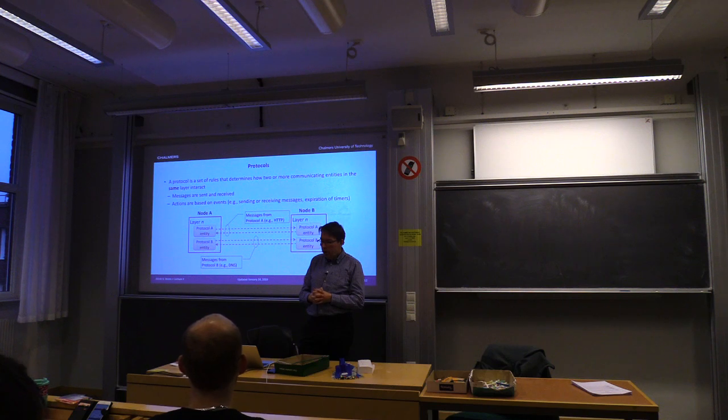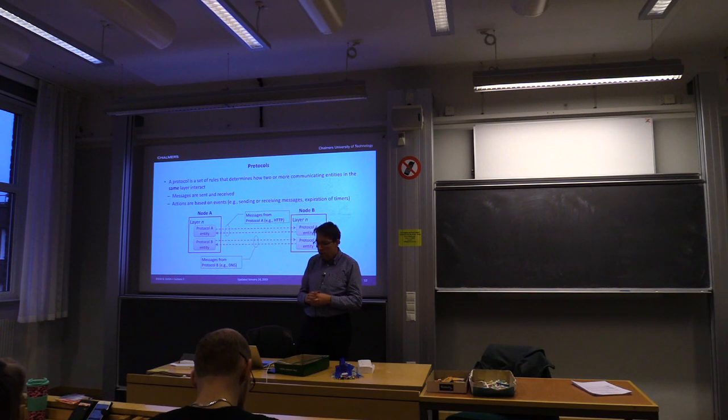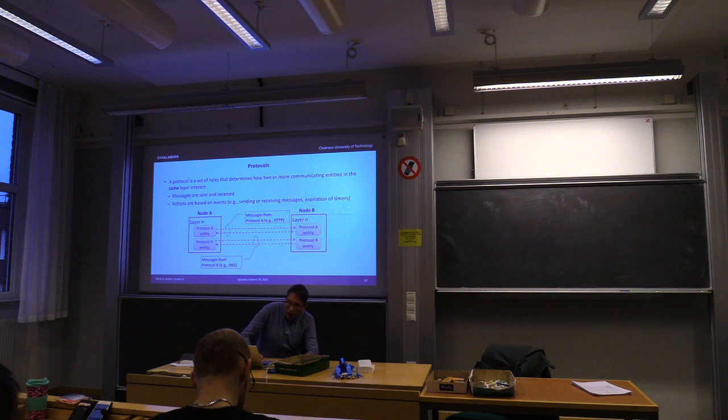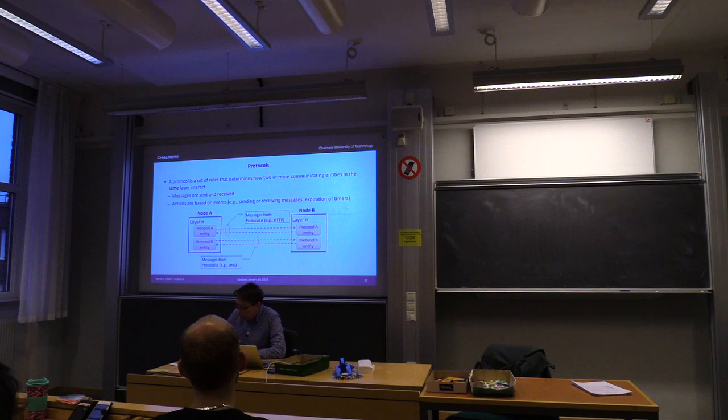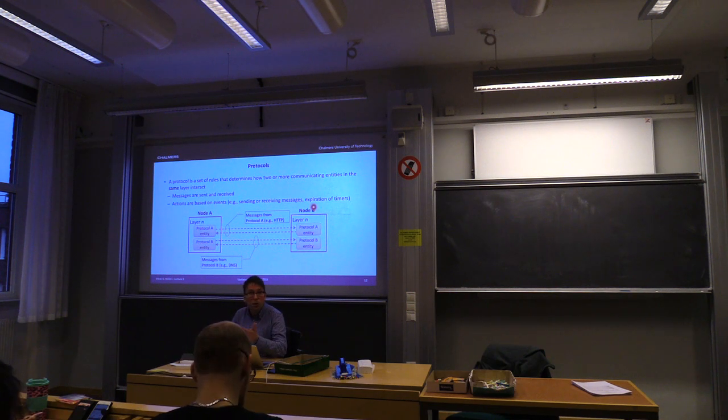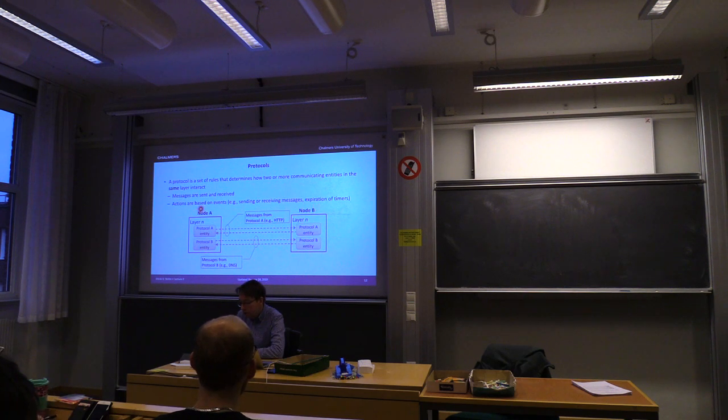It determines how messages are sent and received, how they are interpreted, and commands and responses to these commands. So we have node A and we have node B. These could be hosts, or routers, or some other things. But there are two different physical places here.